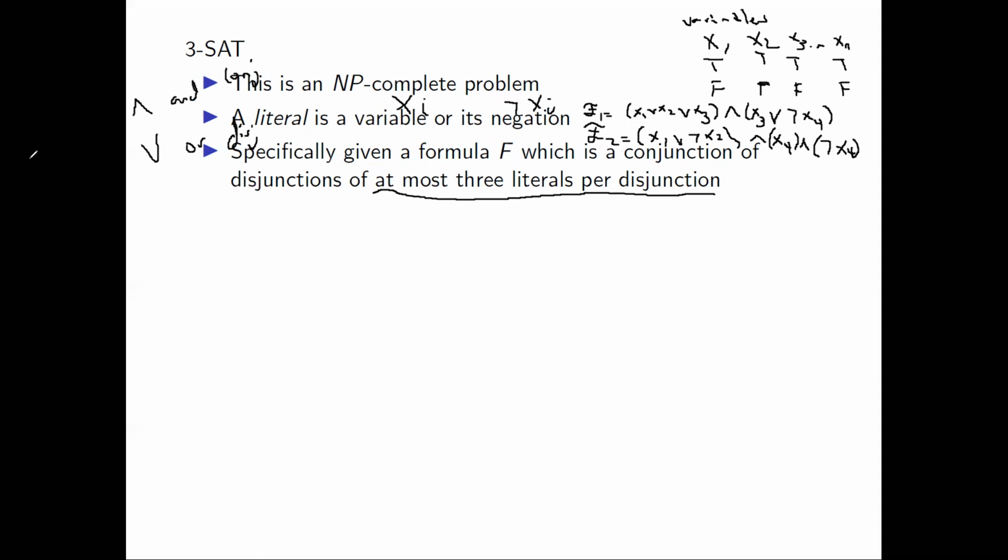And note that each of these disjunctions, we write them as a string of ors in parentheses. So in these formulas F1 and F2, we have 2 disjunctions in the first one, and the second one has 3 disjunctions.